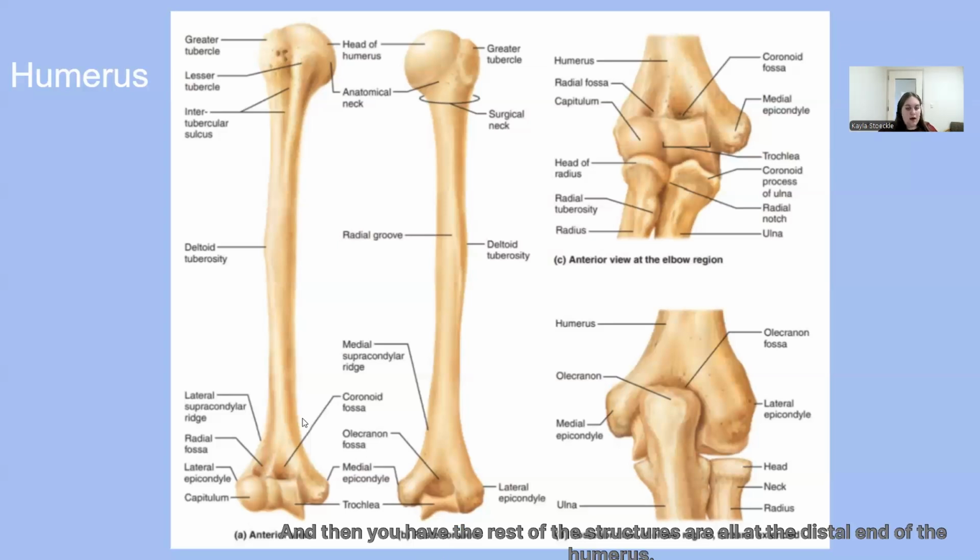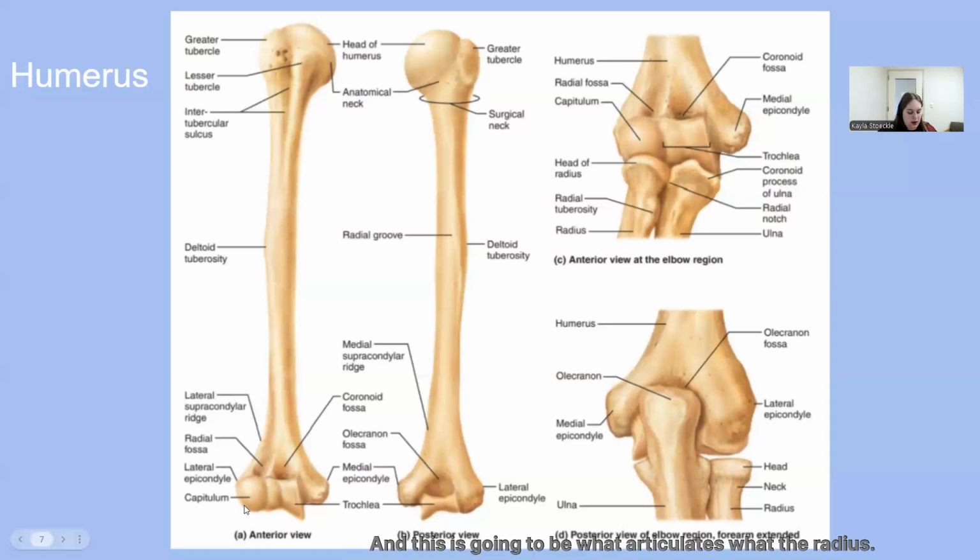And then you have the rest of the structures, which are all at the distal end of the humerus. To start off, we'll start with the capitulum, which is another cylindrical-like structure. And this is what articulates with the radius. And then you have the trochlea.